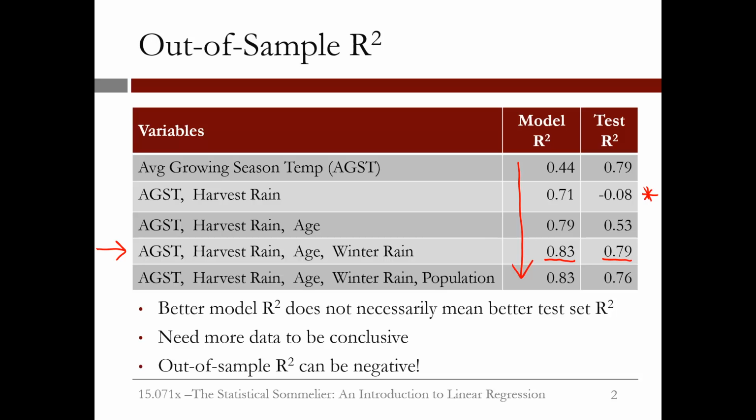However, our model can do worse on the test data than the baseline model does. This leads to a negative R-squared value. But it looks like our model, average growing season temperature, harvest rain, age, and winter rain, beats the baseline model. We'll see in the next video how well Ashenfelter did using this model to make predictions.